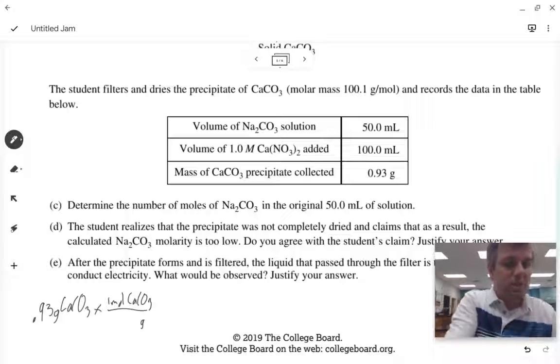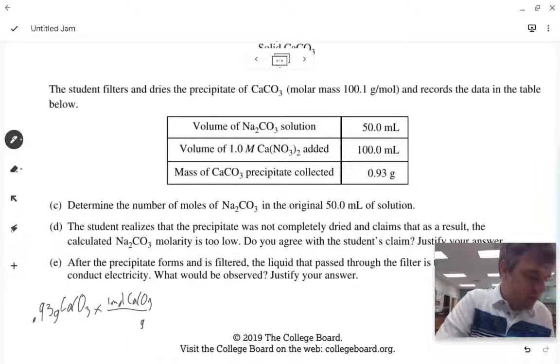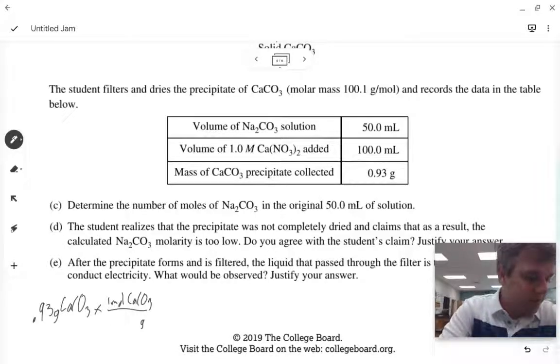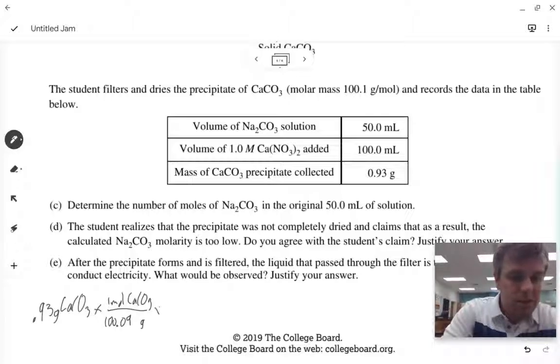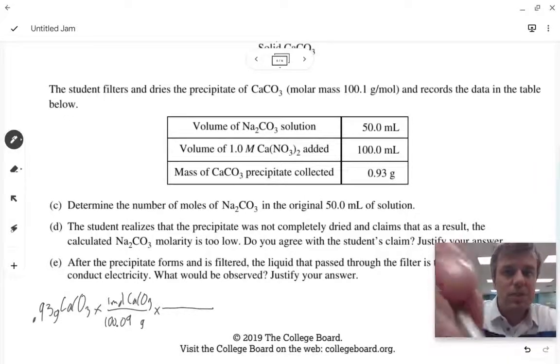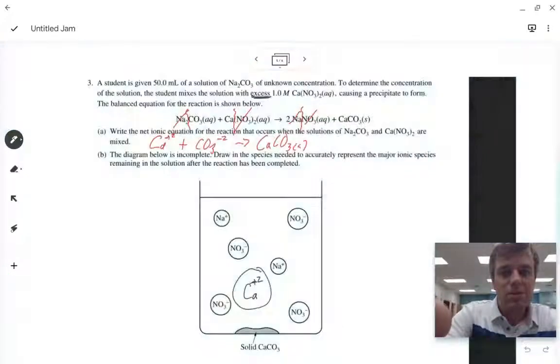We're going to take the mass of calcium plus the mass of carbon plus the mass of 3 oxygens, and that comes out to be 100.09 grams. And then if we look at the balanced chemical equation, for every calcium carbonate, we had a sodium carbonate.